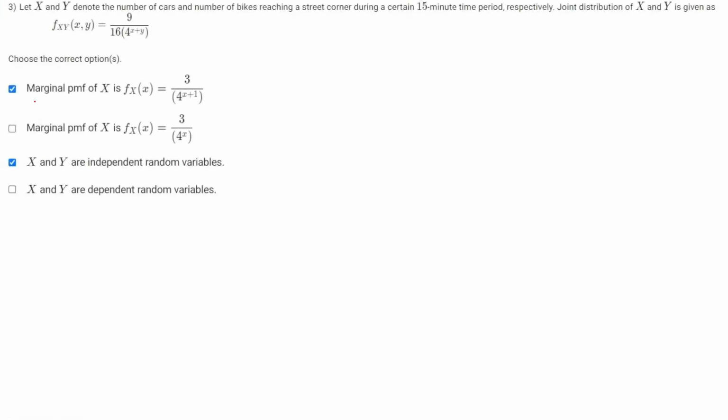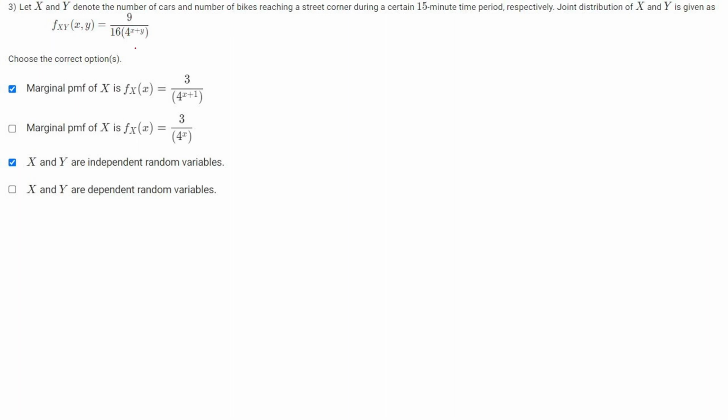Okay, next question. Let x and y denote the number of cars and bikes reaching a street corner during a certain 15-minute time period respectively. The joint distribution of x and y is given as f_XY of x comma y equal to 9 by 16 divided by 4 to the power of x plus y.